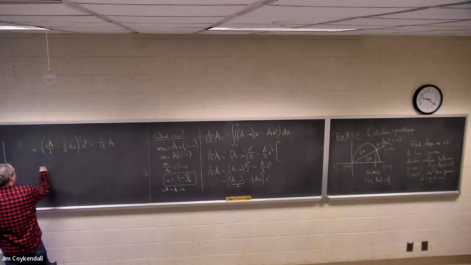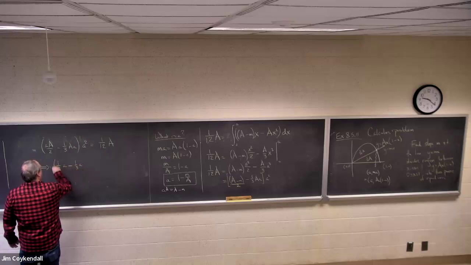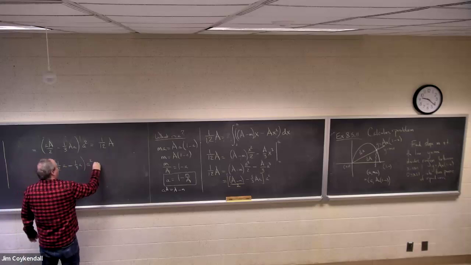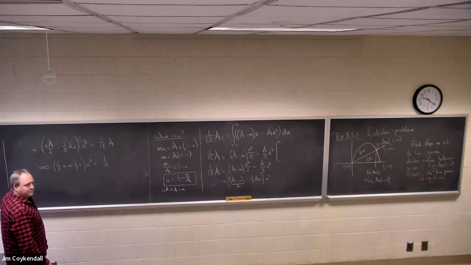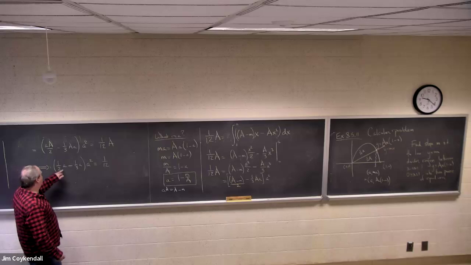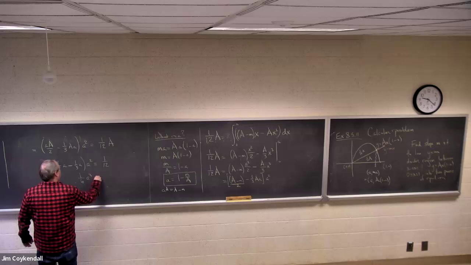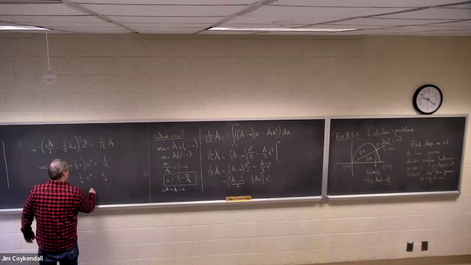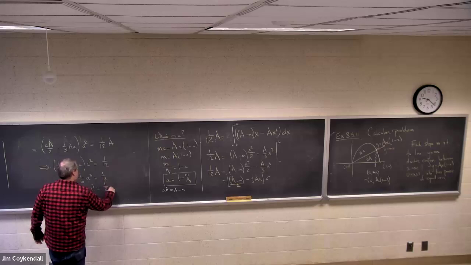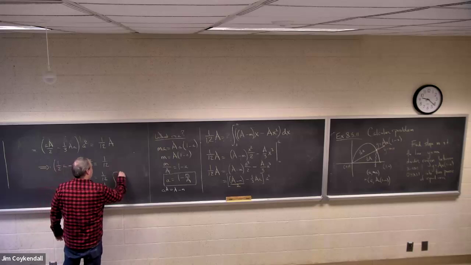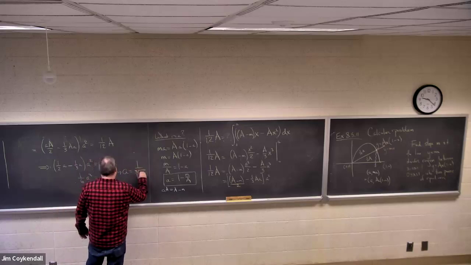So I get 1/2 A minus 1/3 A times little a squared is equal to 1/12. This comes to 1/6. So I get 1/6 a cubed equals 1/12, and I get a cubed is 1/2. And so a is the cube root of 1/2.